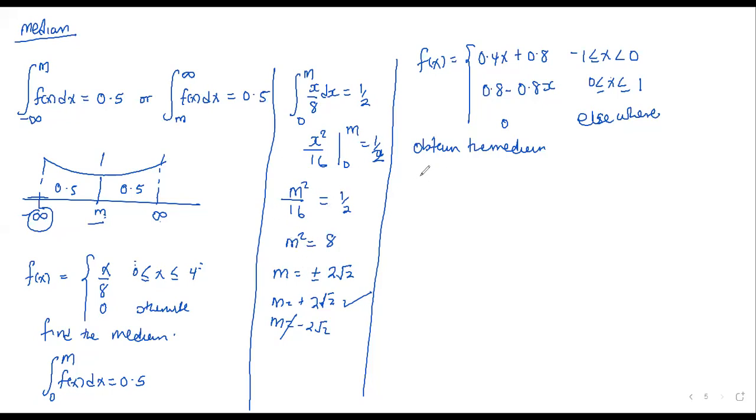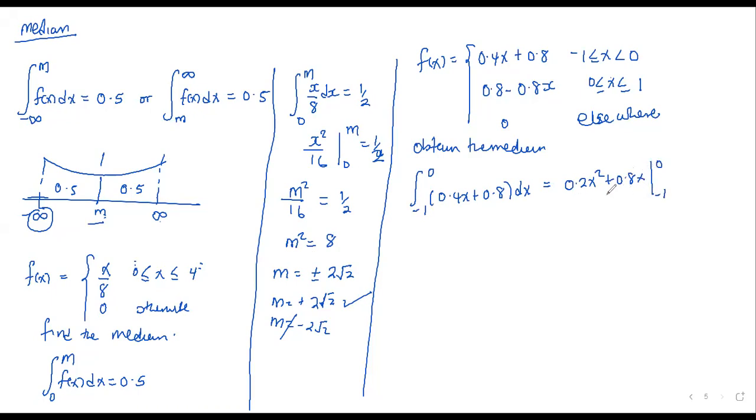We can investigate by integrating from -1 to 0 and integrate the first interval, which is 0.4x plus 0.8 dx. This will give us 0.2x squared plus 0.8x from -1 to 0.